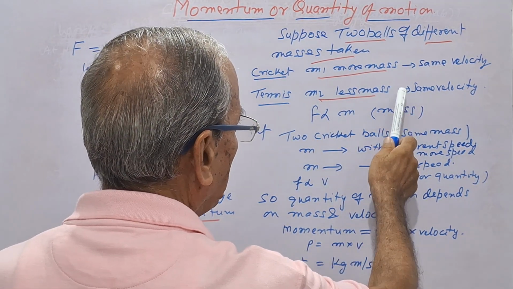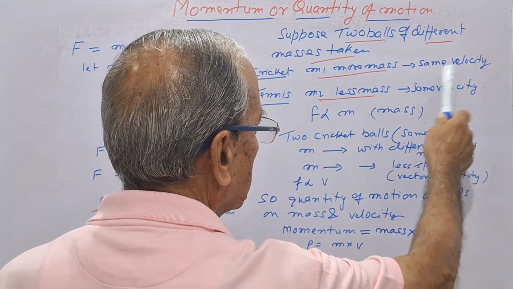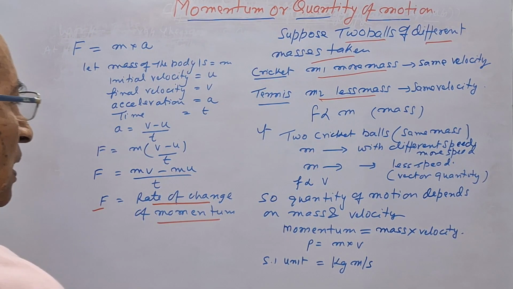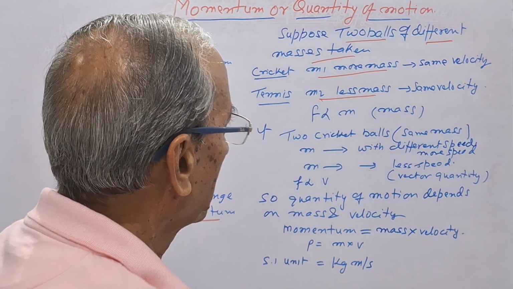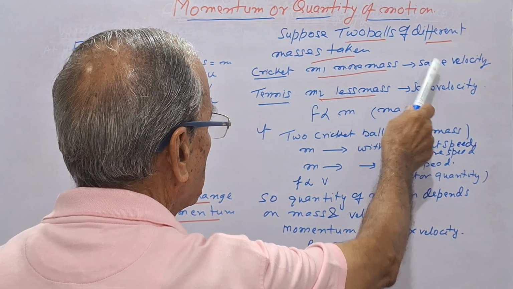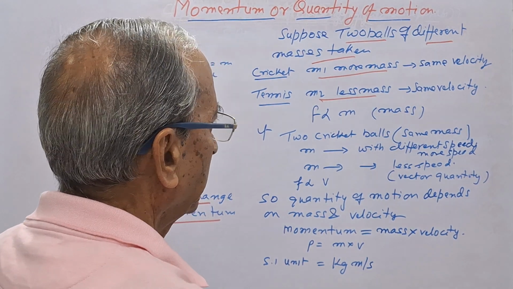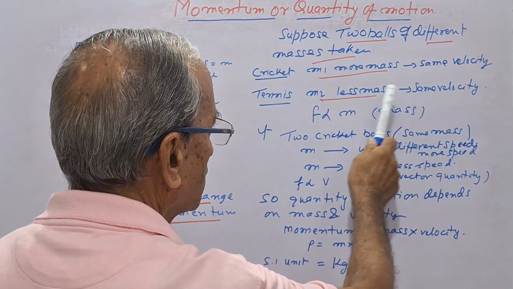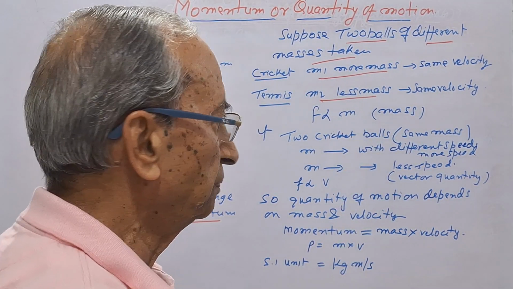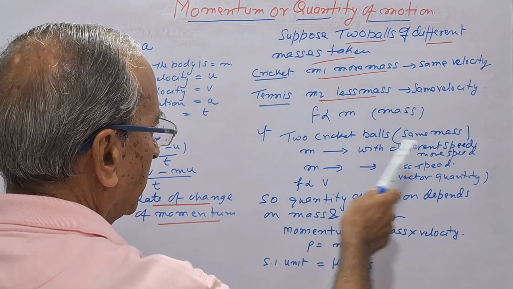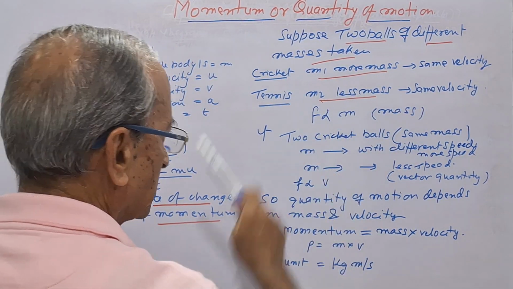If both balls are thrown with the same velocity, in the same direction, we find that more force is required to stop the ball of the higher mass and less force is required to stop the ball of the lower mass. So from this we conclude that force is directly proportional to mass.